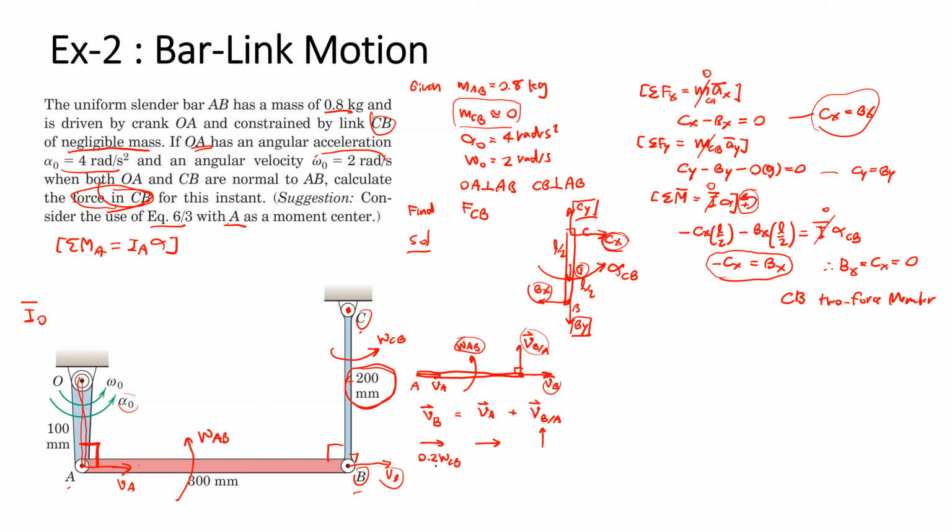With the same idea, we know omega 0 multiplied by the radius 0.1, omega 0. And the last one, the relative velocity, is the radius multiplied by the omega, 0.3 omega AB.